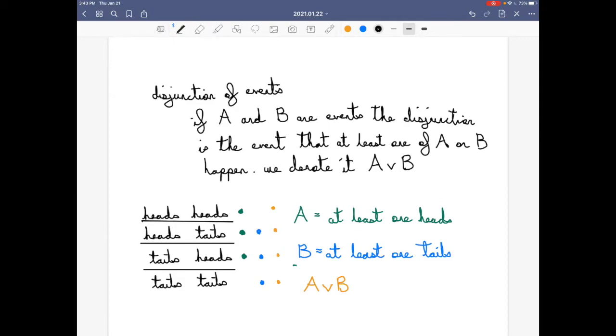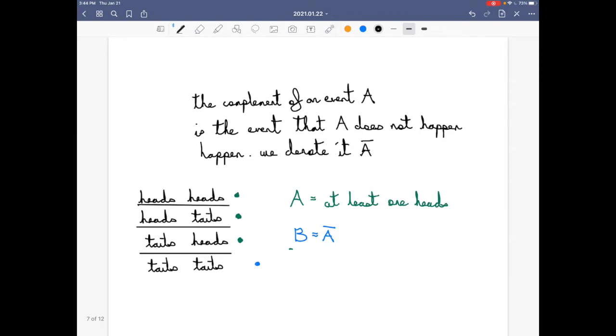And so what happens there is that every possible outcome is in the disjunction of these two events. Because if you flip two coins, then, well, you're going to see at least one heads or you're going to see at least one tails. So that's just something that can happen. It doesn't always happen, but sometimes the disjunction of two events is certain. In this case, it is.